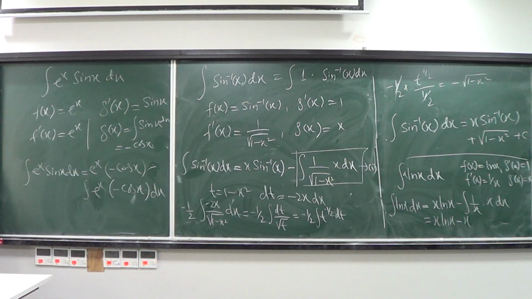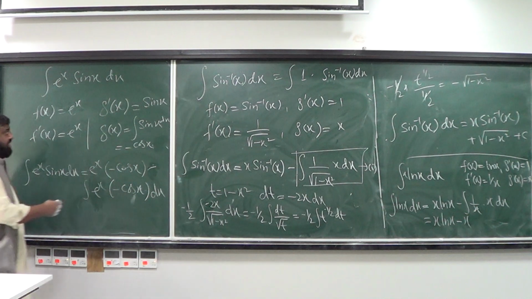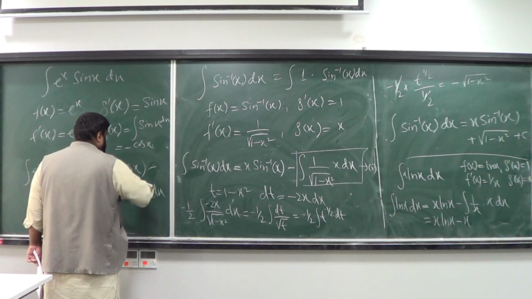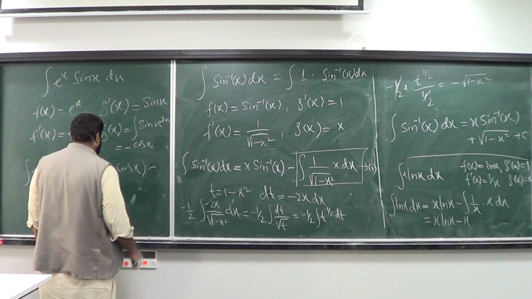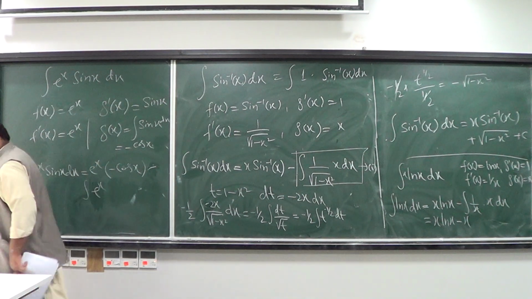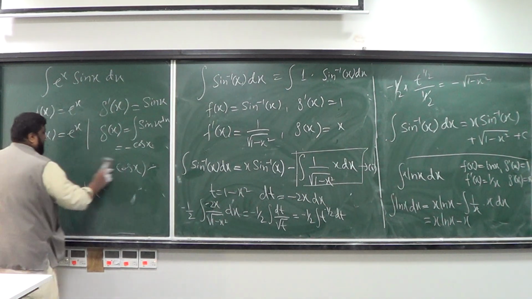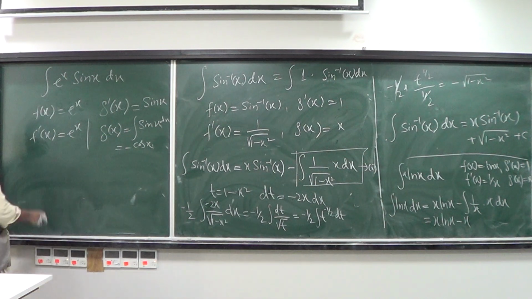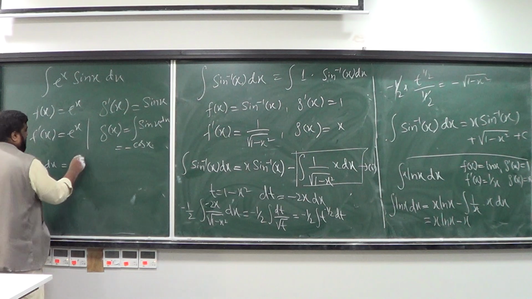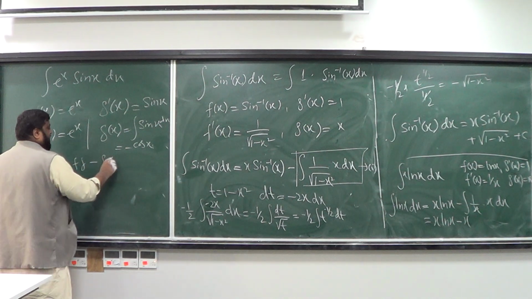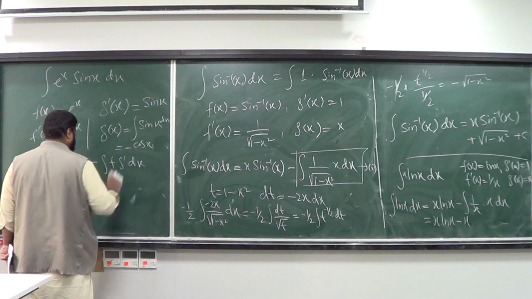Okay? Am I doing something silly? I need to put a g prime of x. No. What was the formula? So the formula goes like the integral of f prime g dx equals fg minus the integral of f g prime dx.